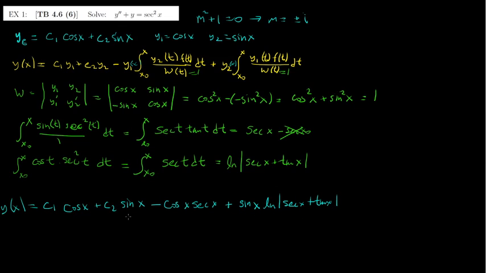So I guess that's the solution. Oh, we can do one thing here, right? This is just cosine divided by cosine. This is just equal to 1. So why don't we simplify that? So we still have c1 cosine x plus c2 sine x minus 1 plus, sine x times the natural log of secant x plus tangent x.